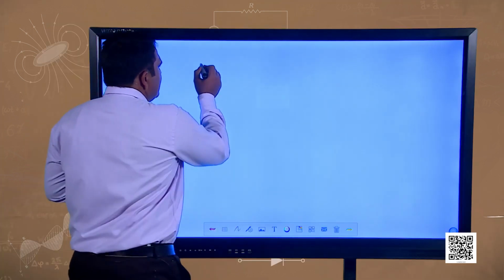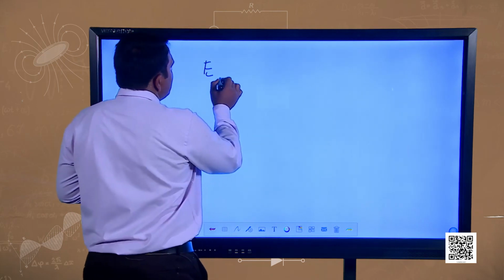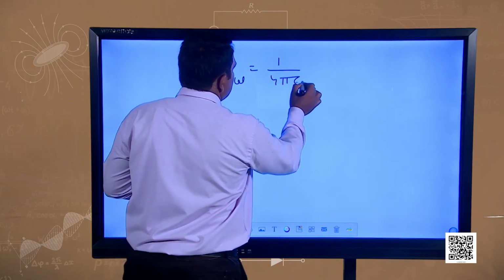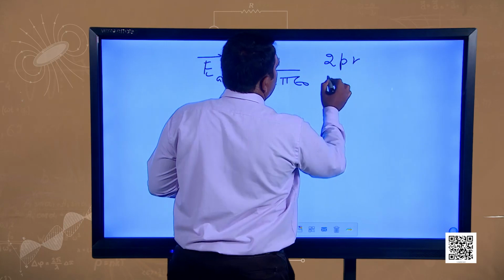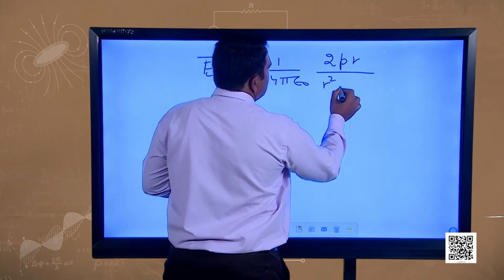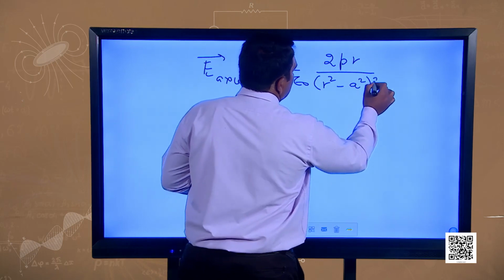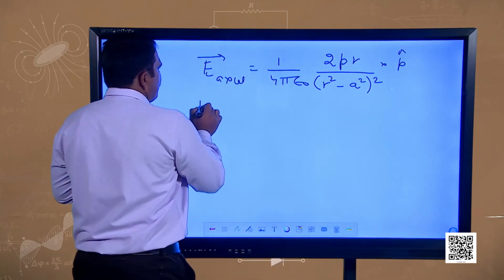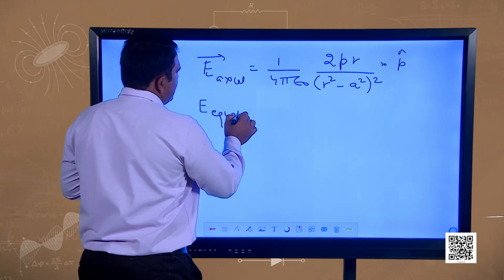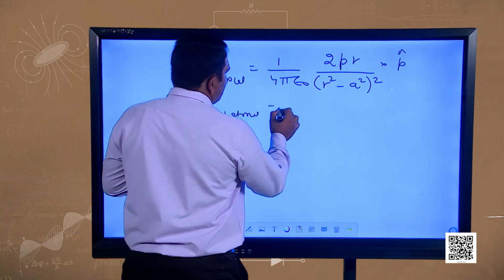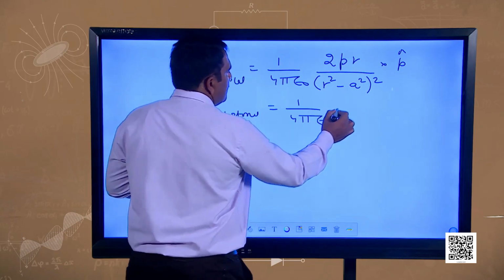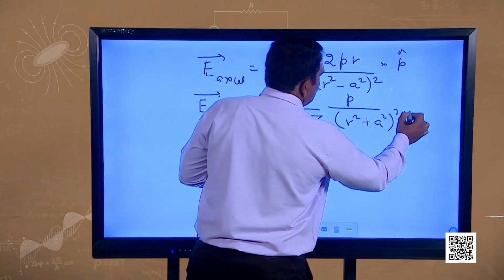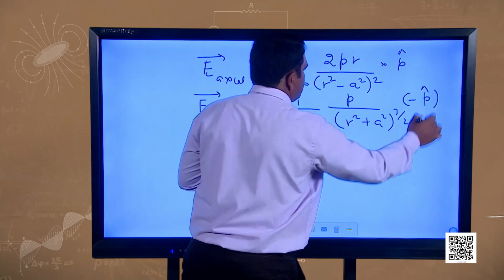Now, we know that electric field at any point on the axial line of electric dipole is given as 1 by 4 pi epsilon naught, 2 p r upon (r square minus a square) whole square, multiplied by p cap, and electric field at any point on equatorial plane of electric dipole is 1 by 4 pi epsilon naught, p by (r square plus a square) raised to the power 3 by 2, and the direction is minus p cap.